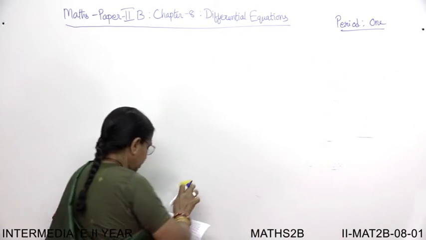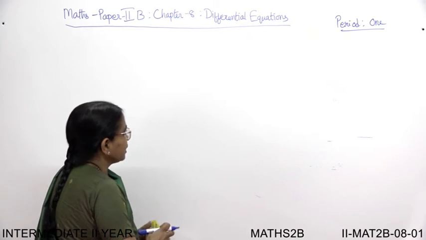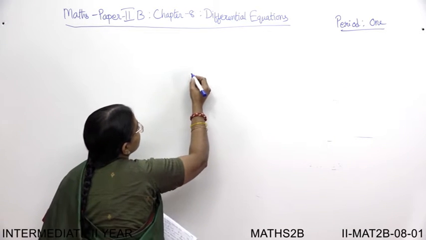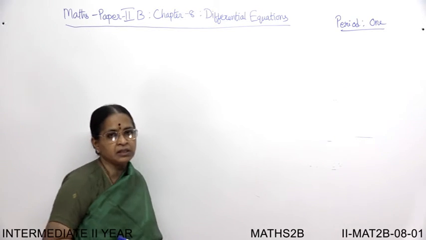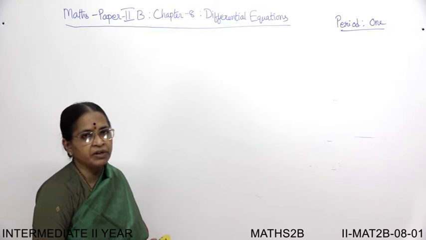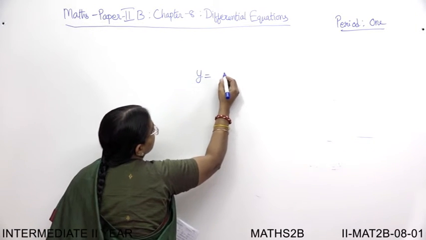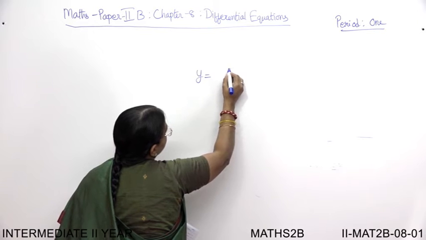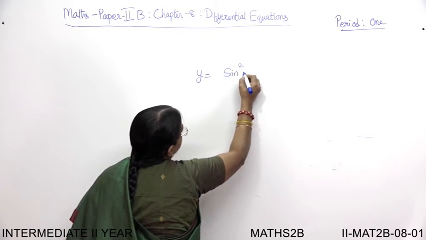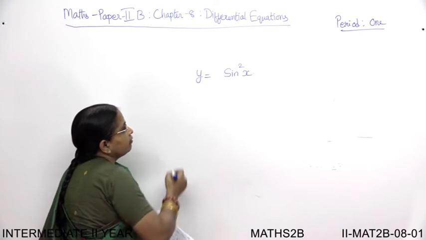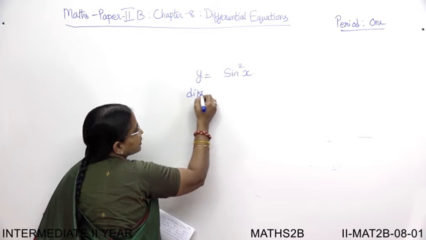Now we also need successive differentiation. You have learned this in the last exercise of the differentiation chapter. Suppose I have y is equal to sine square x. Then differentiate with respect to x.